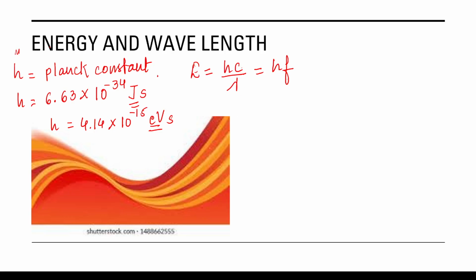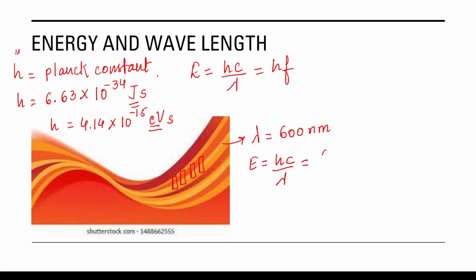As you can see, there's an orange color on your screen. This orange color has a wavelength of around 600 nanometers. It has packets of energy in it, and each packet will have an energy of hc over lambda.